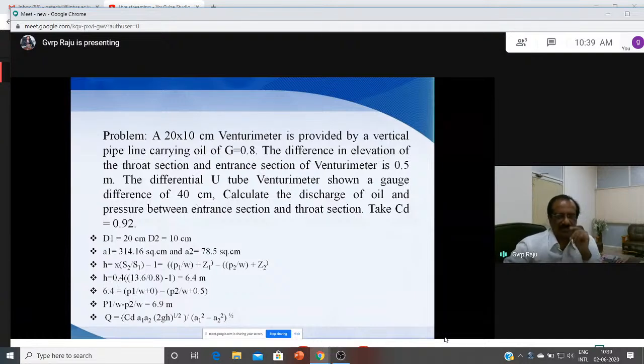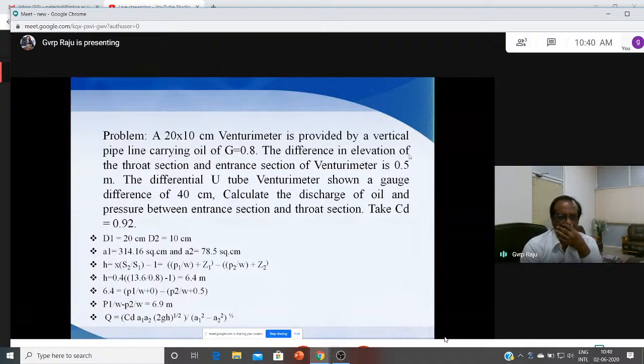So the Venturi meter is not horizontal. If you see here, the difference in elevation of throat section and entrance section, that means if you take a datum, Z1 for section 1 and Z2 for section 2, the difference in elevation means Z1 minus Z2. He has given Z1 minus Z2 is equal to 0.5, or you can take Z1 is equal to 0 and Z2 is equal to 0.5.